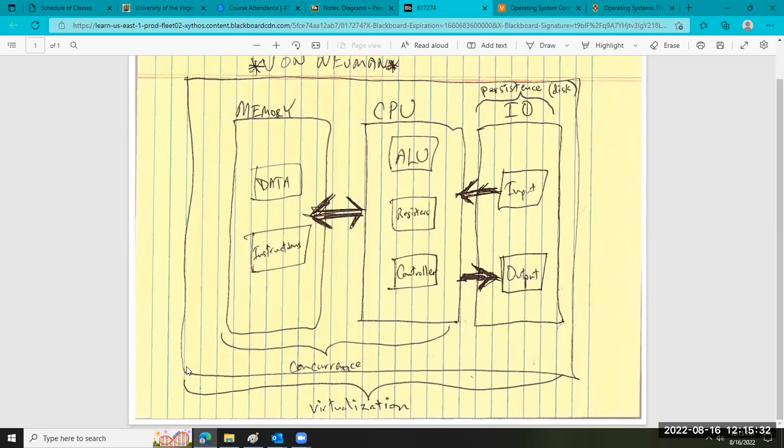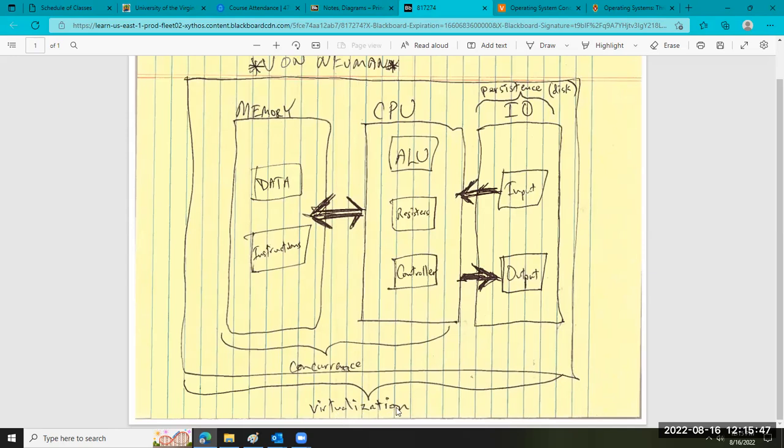And that concerns every hardware component in the entire von Neumann model. So all of these components are affected by virtualization methods in an operating system.